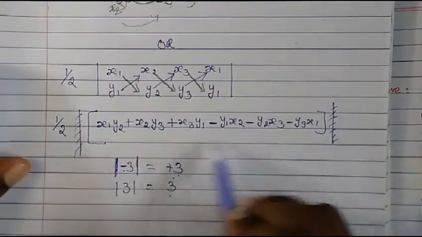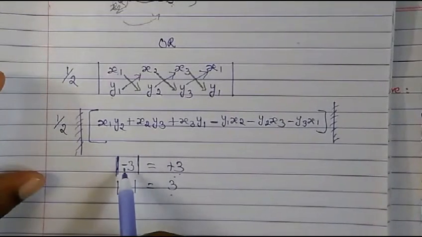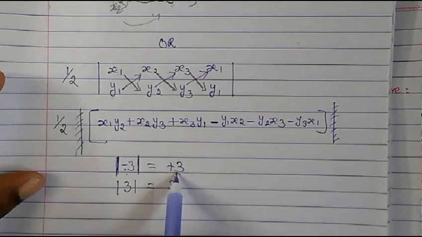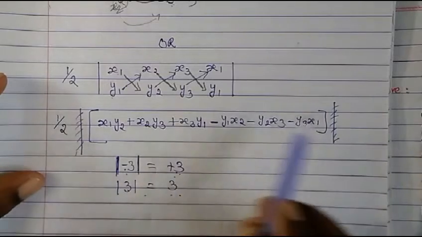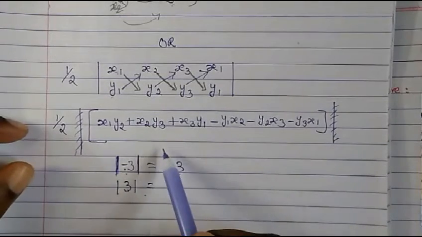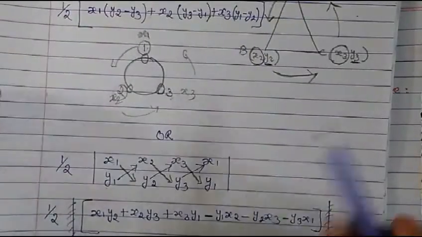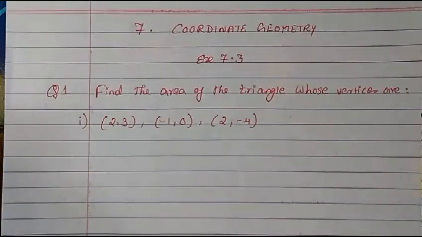You can put the values inside the bracket and solve the sum. If you get the answer negative, then you put the modulus so that we can write it in positive. If it comes positive also, it will be positive, so it is not compulsory to put the modulus. Any of the formulas you can follow. Both the methods I'll show you in this video.